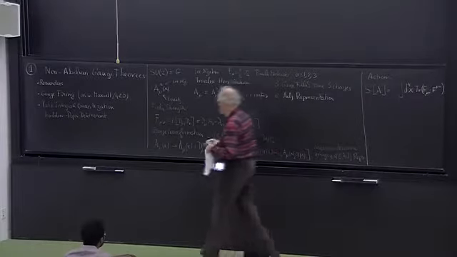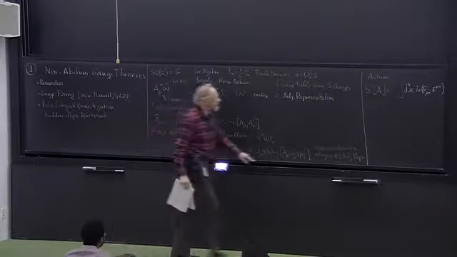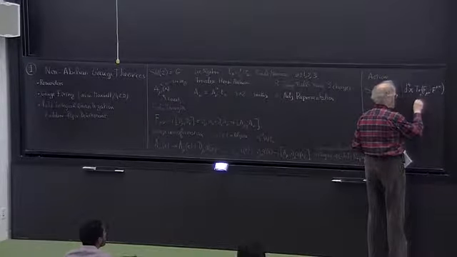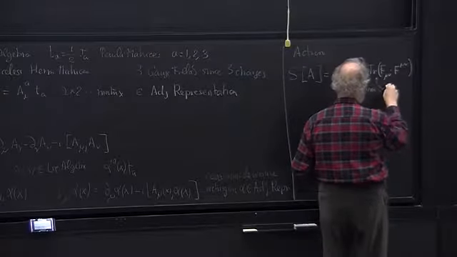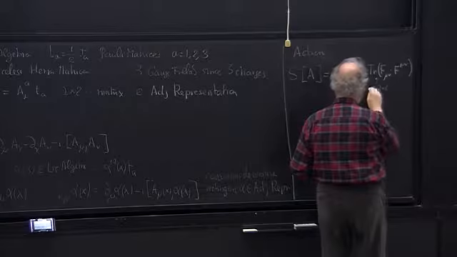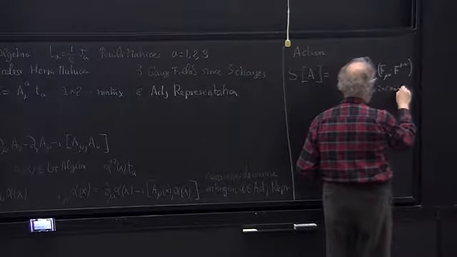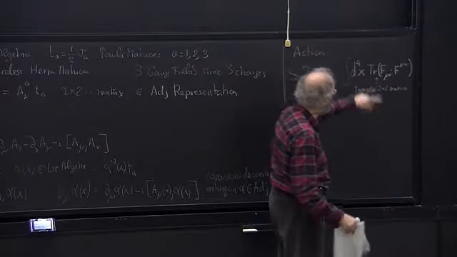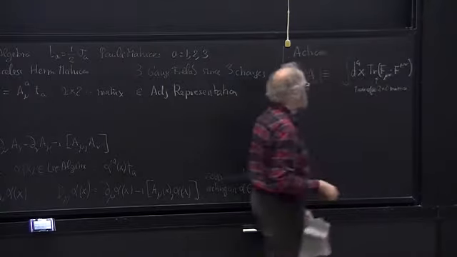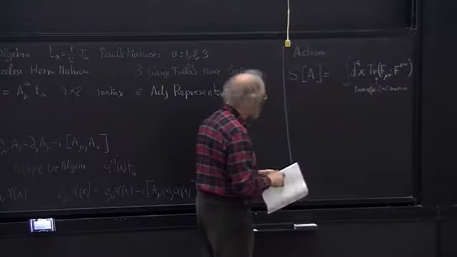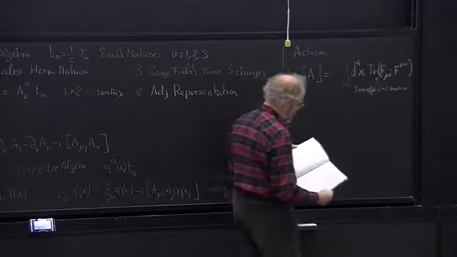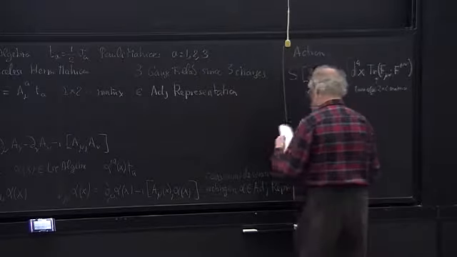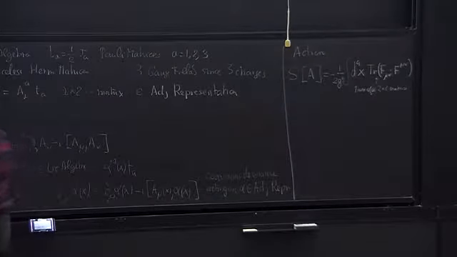Remember, F is a 2 by 2 matrix, so this is a trace over 2 by 2. This trace refers to the indices of the group. And in addition, you sum over the Lorentz indices. And there was just a coupling constant, which I think was minus 1 over 2 g squared. Okay. And g was the coupling constant.